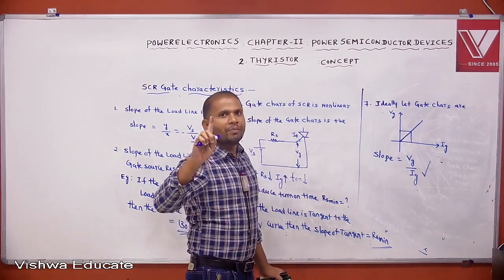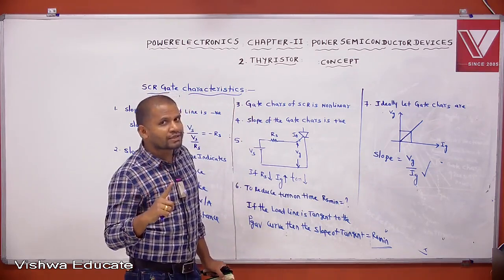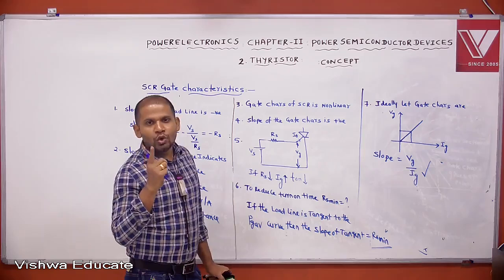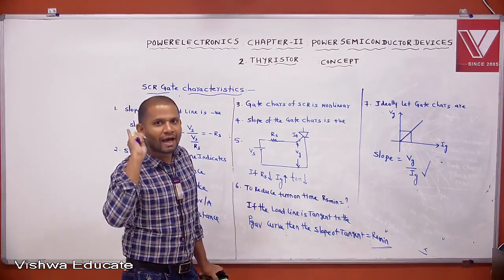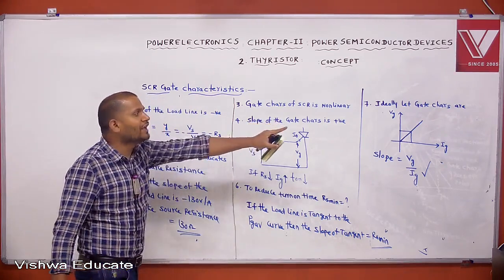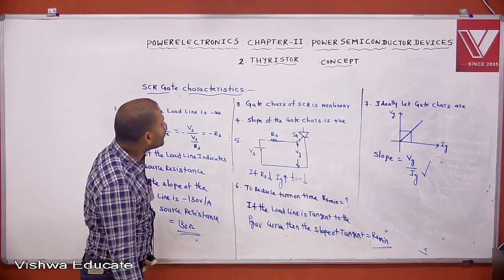But point to remember, the slope of the load line only indicates the gate source resistance, but not the slope of the gate characteristics. The slope of the gate characteristics will not indicate gate source resistance.